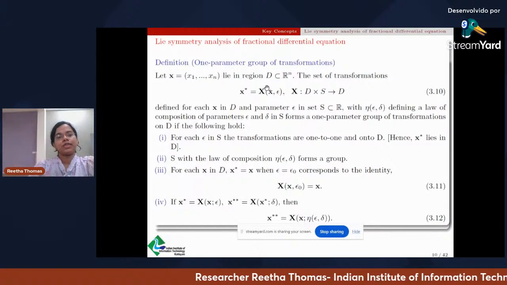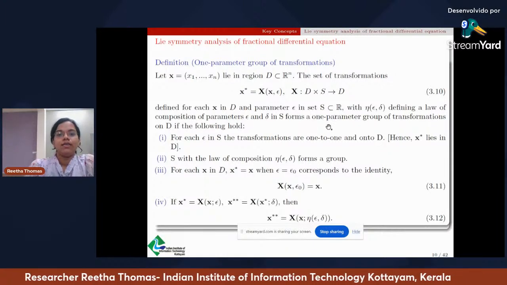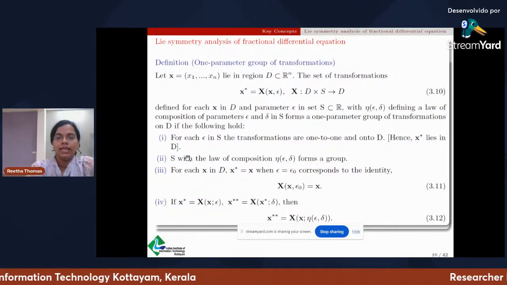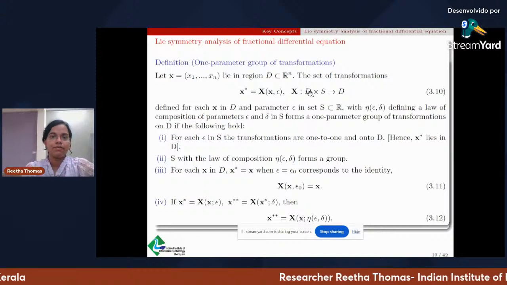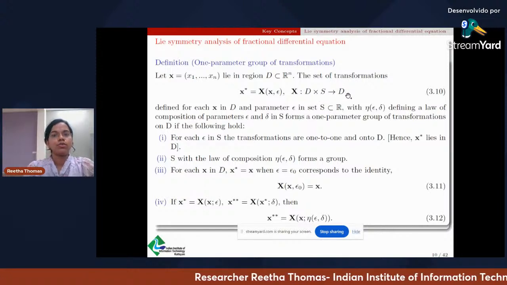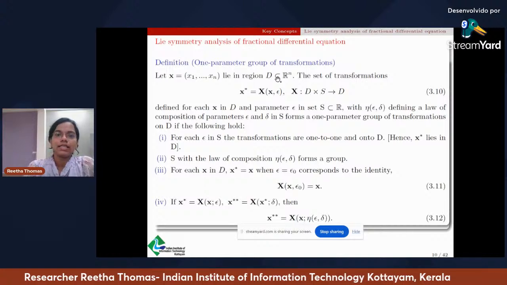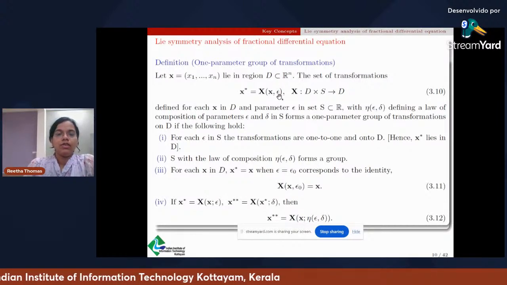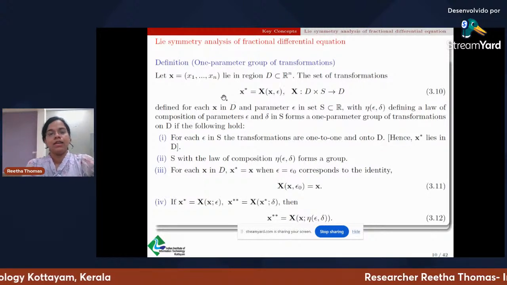Then the set of transformations forms a one parameter group of transformations if these four conditions hold. That is, x star is this transformation defined from D cross S to D, where S is a subset of R and D is a subset of Rn, and this epsilon lies in S and x lies in D.